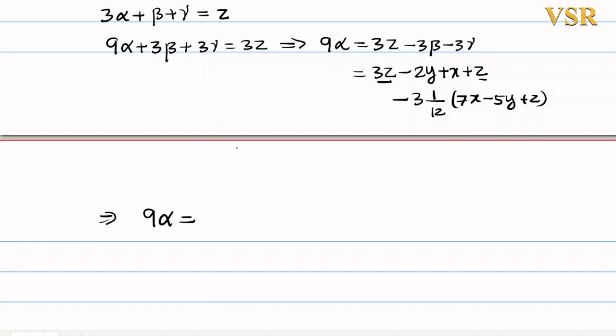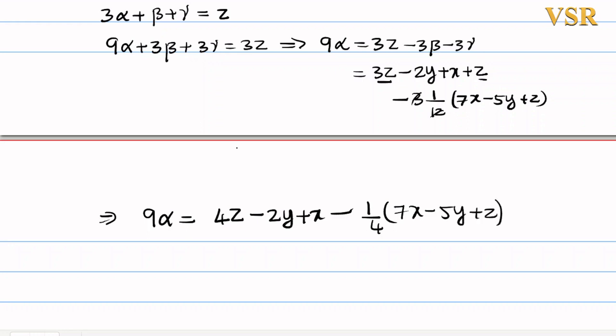So we'll have 4z minus 2y plus x minus 1 by 4 times what I'm having, this is 7x minus 5y plus z. So again, we need to multiply this by 4.